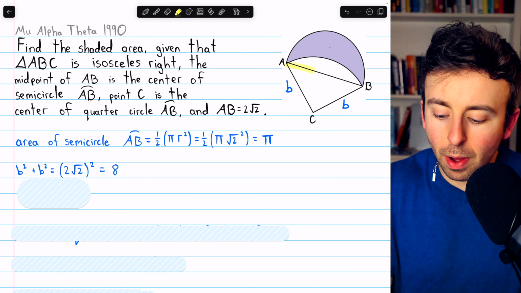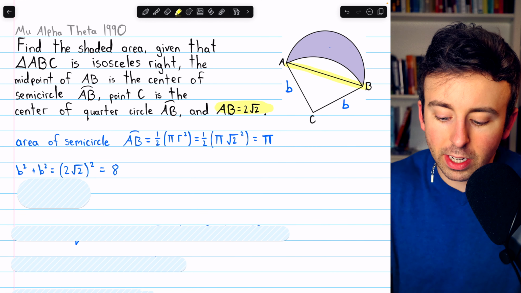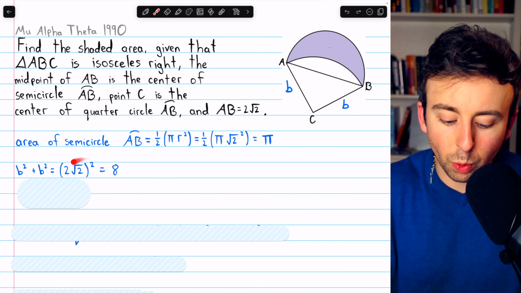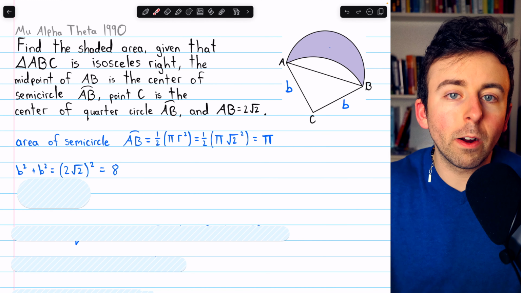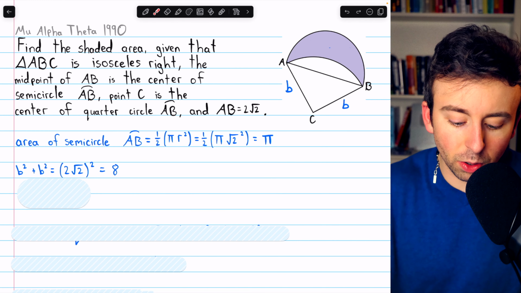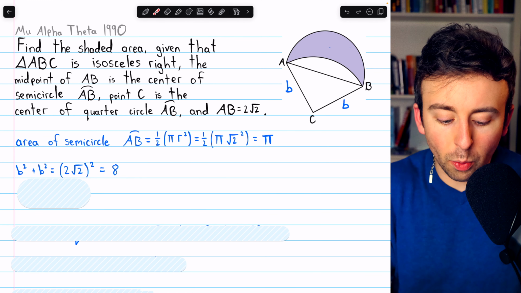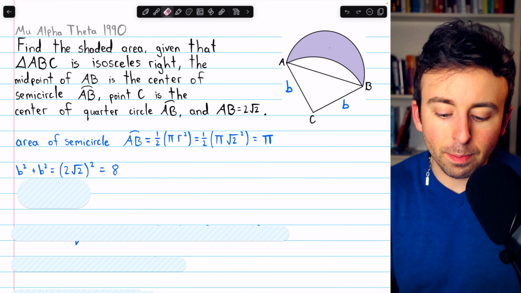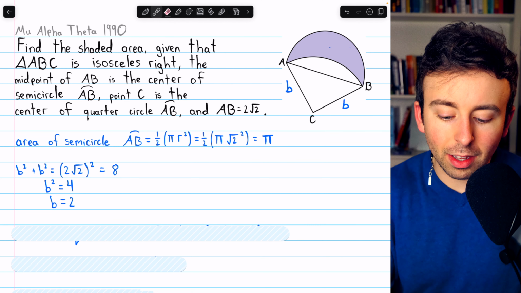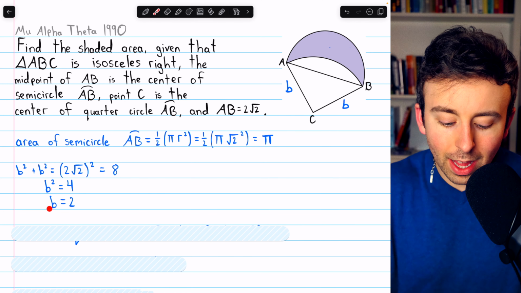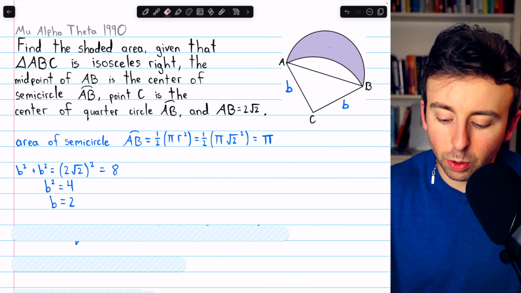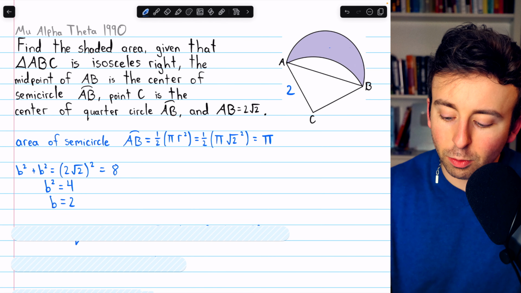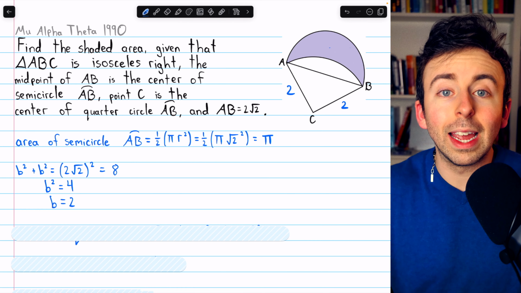But of course, the hypotenuse is AB, which we already know has length 2 root 2. So that's 2 root 2 squared, which is 4 times 2, which is 8. So we have that 2b squared equals 8. Dividing both sides by 2 gives us b squared equals 4, hence b equals 2. So the congruent leg lengths of this isosceles right triangle are 2 and 2.